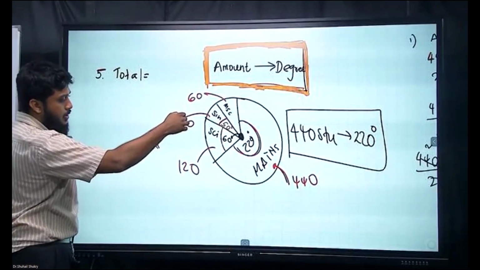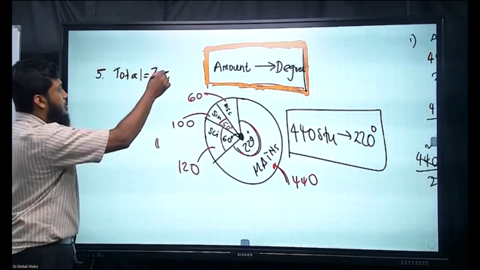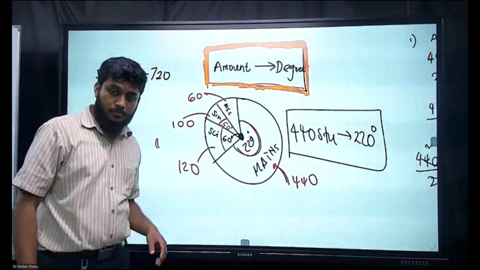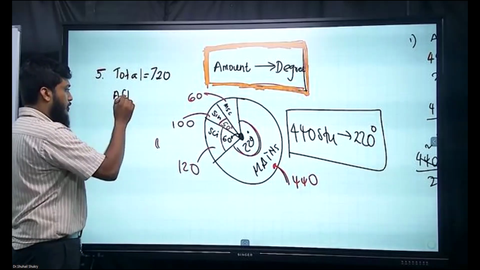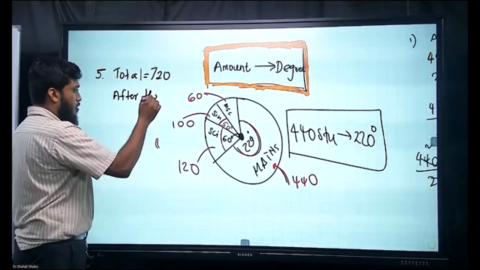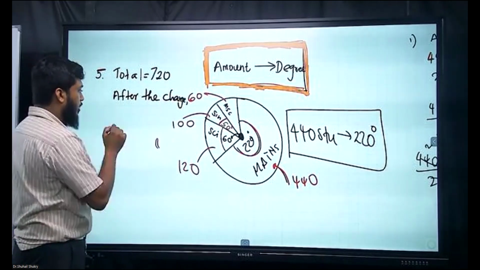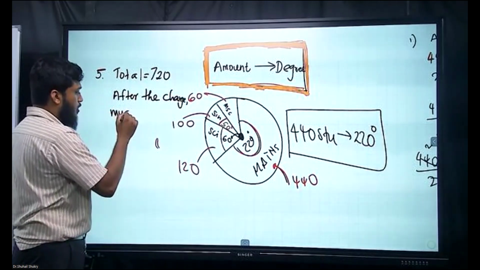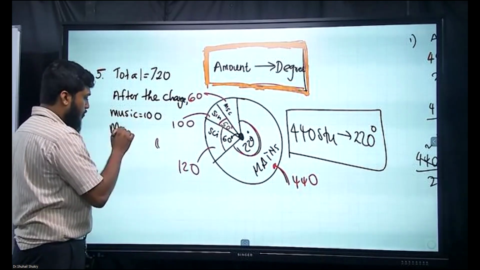Count and see. 60, 160, 280, 440 means 720. The total is 720 people. After the change, comma, how many are doing music now? 100. How many doing maths now?